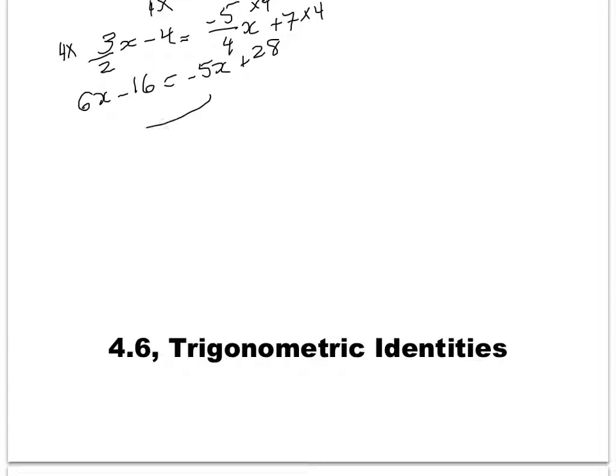I'm going to move negative 5x to the left and negative 16 to the right. I get 6x plus 5x is 11x is equal to 28 plus 16 is 44. So I get x is equal to 4. Now, this, as you remember, is called an equation, okay?